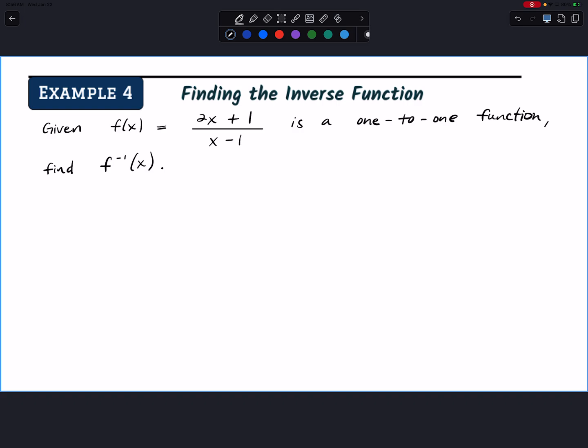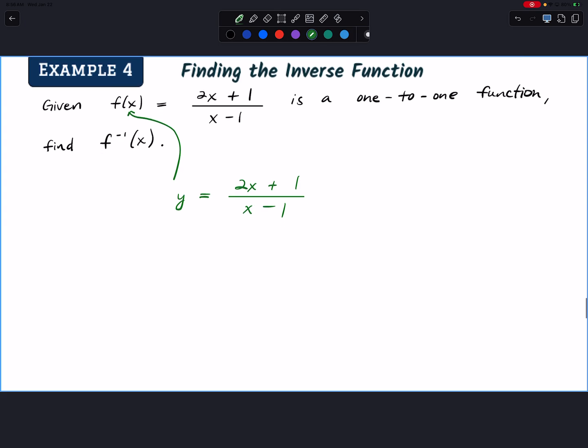Are you guys okay if I don't write step 1, step 2, step 3? Okay. Thanks. So the first thing we're going to do is change this to y. So y equals 2x plus 1 over x minus 1. Sorry, the TV's lagging.